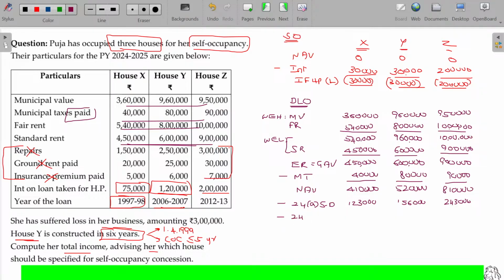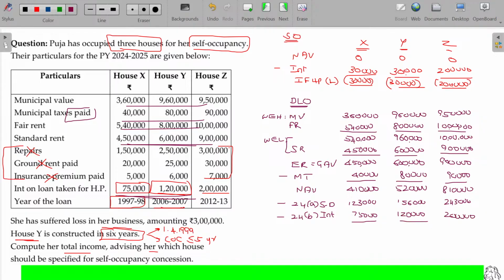Then you can claim the deductions for interest paid for the borrowings for constructing the house property. The interest in this case being 7,50,000. The 2 lakh limit is applicable only for the self occupancy purpose. In case of let out, you can directly take the full value: 75,000, 1,20,000, 2 lakhs.